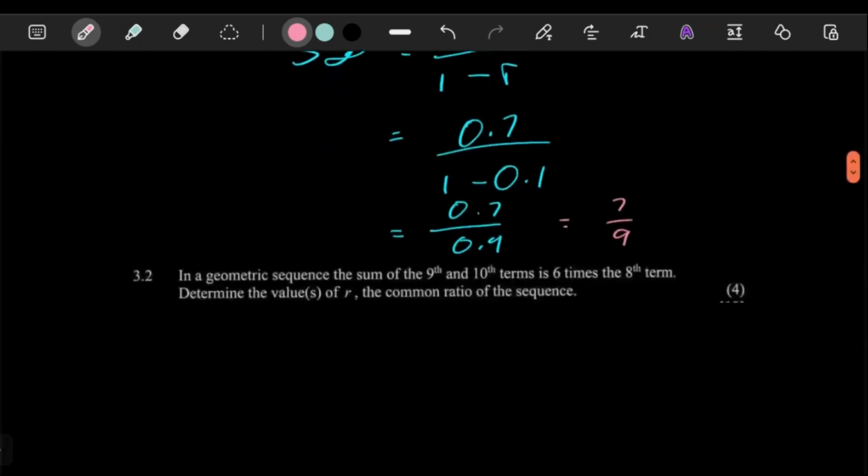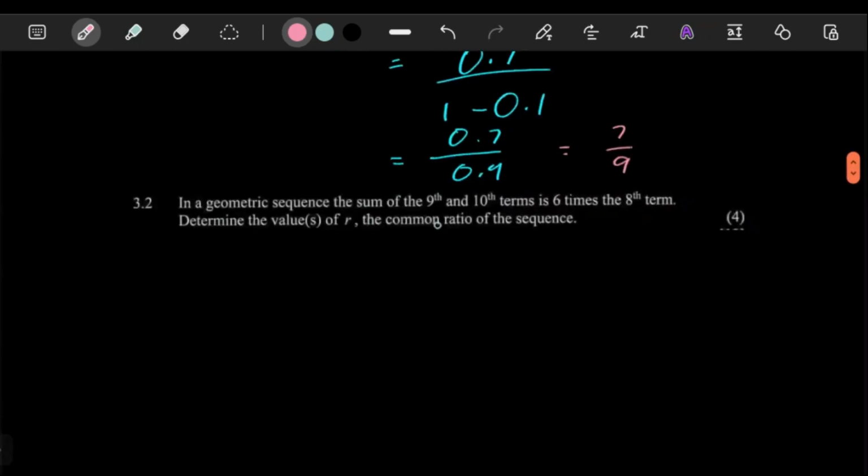But anyways, that's fine. In the geometric sequence, the sum of the 9th and 10th term is 6 times the 8th term. Determine the value of R, the common ratio of the sequence. So these are the questions you read and you write what they've said mathematically. So here it says in a geometric sequence, the sum of the ninth, so it's T9 plus T10, and 10th terms is equal to 6 times the 8th term.